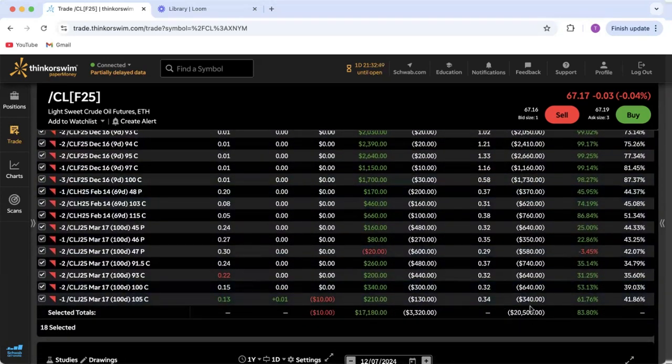You can see at the bottom, I collected $20,500 on those crude oil contracts. They were sold at different times. Right now, the total net, if I had to buy all my positions back in crude oil, would cost me $3,320 to buy those back, which leaves me sitting right now at a profit of $17,180.